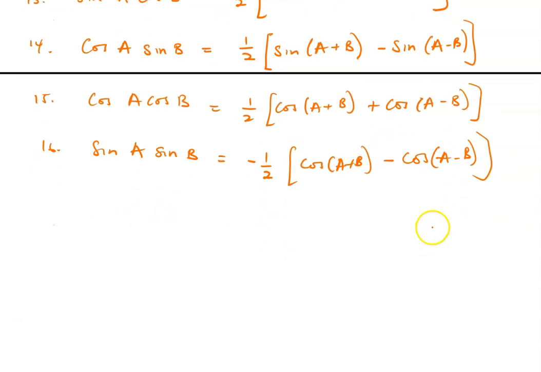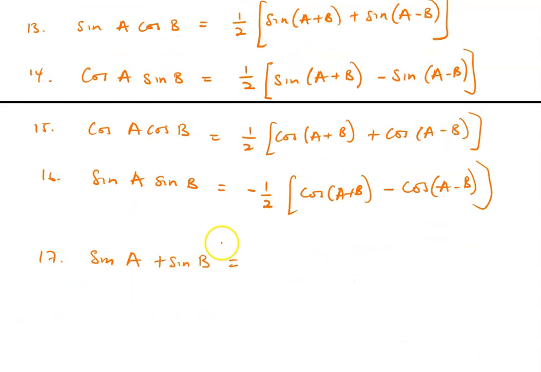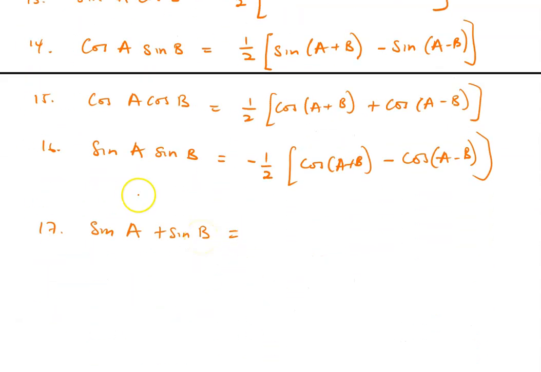And the last set that I want to show you starts at 17. If I have sine a plus sine b, that is equal to 2 sine into brackets a plus b divided by 2, cos a minus b divided by 2.